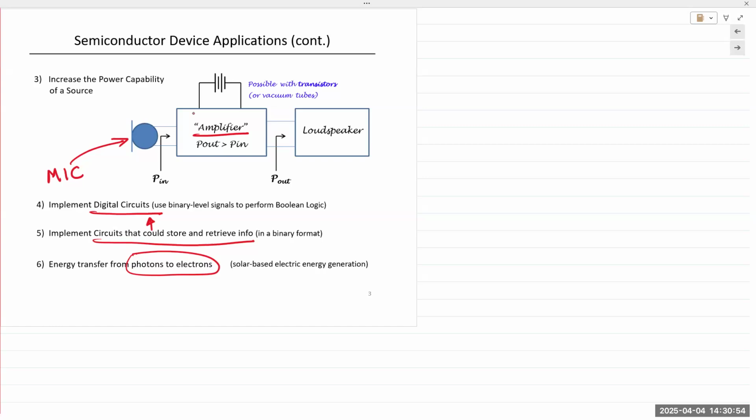Okay. The energy transfer is not very efficient. A huge chunk of the energy is lost in translation. The solar cell's efficiency is very low. But it's pretty much free energy, right? Okay, so these are some of the most common applications.